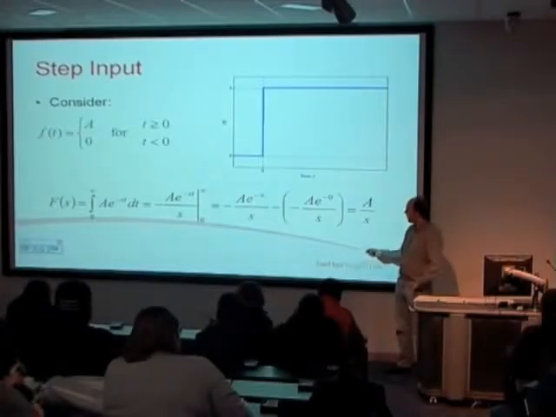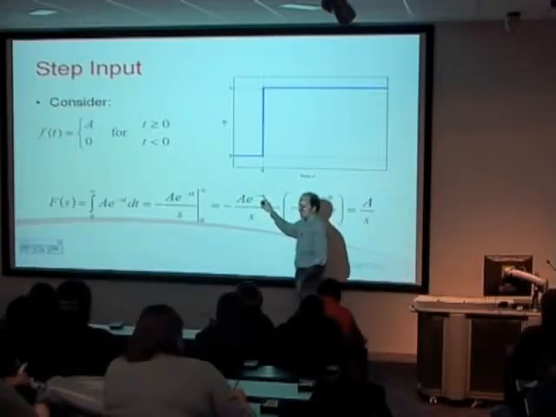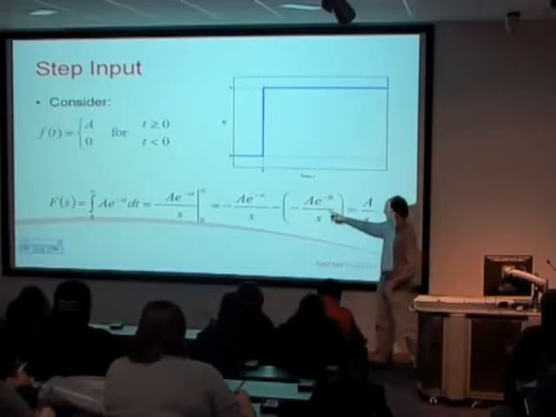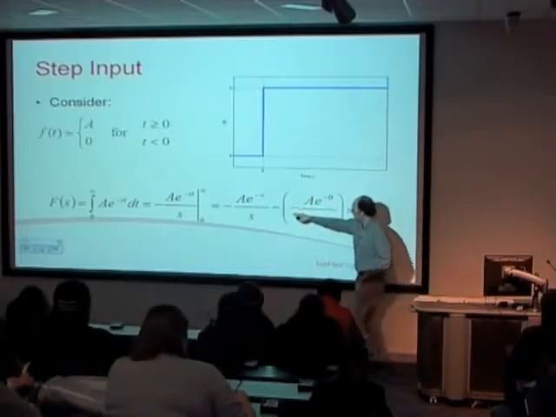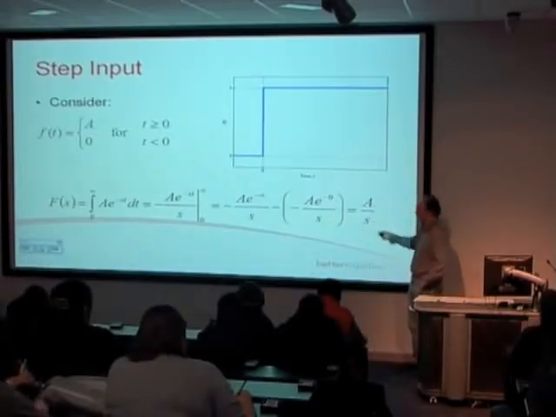There's the one with infinity, there's the one with 0. Obviously this term, e to the power of minus infinity, is 0. That drops out. And e to the power of 0 is 1. So you just end up with minus e over s, and so you get a over s.